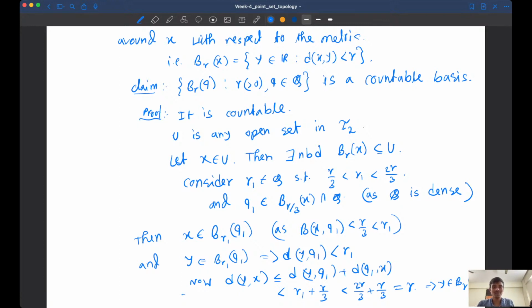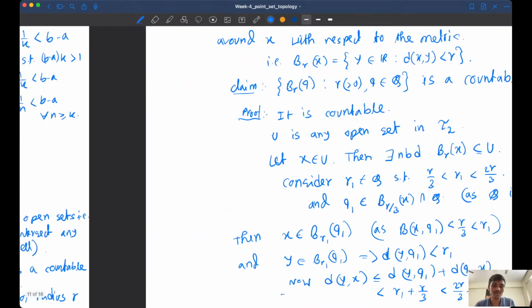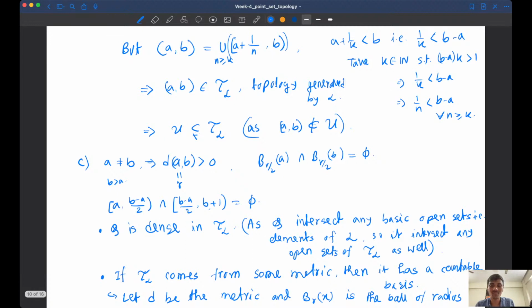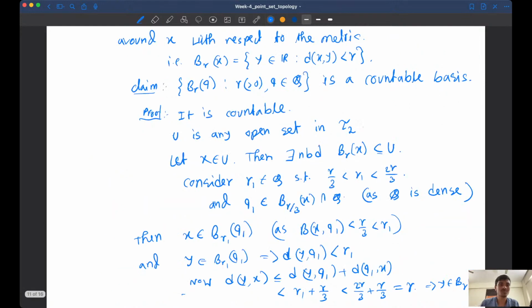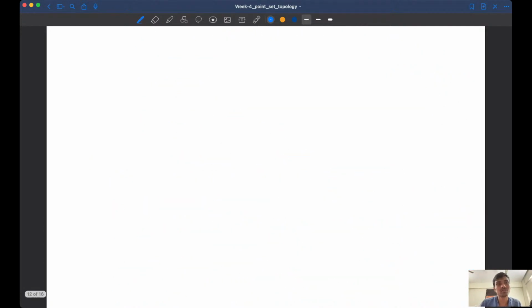So we will contradict this fact: if this topology comes from some metric, then it has to have a countable basis, but in this case that is not the case. So the next claim is that tau_L cannot have a countable basis.